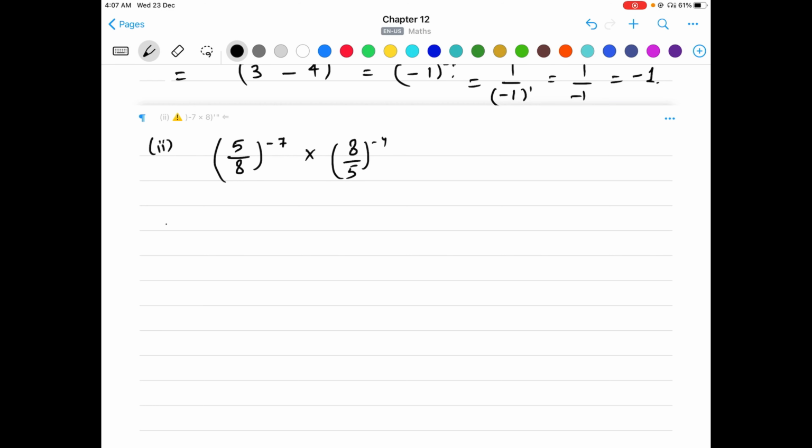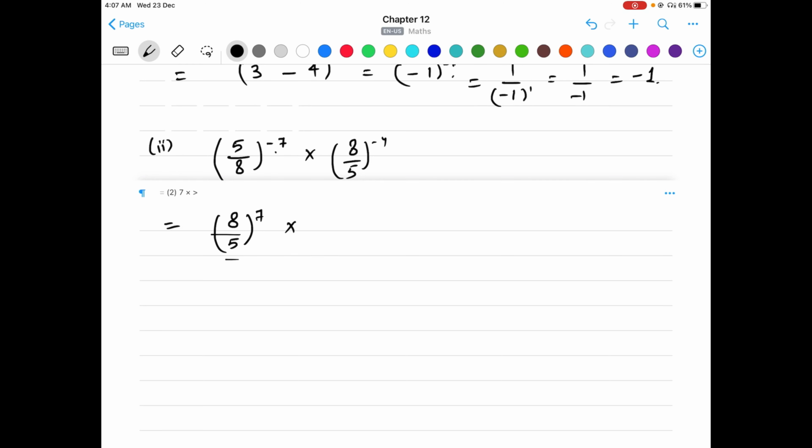Okay, so what we are going to do is, first, in order to change this negative exponent to the positive, we're going to reciprocate the number. So this will be 8 by 5 power 7. Then again, in order to change this negative exponent to the positive, we reciprocate the number. So it will be 5 by 8 power 4.